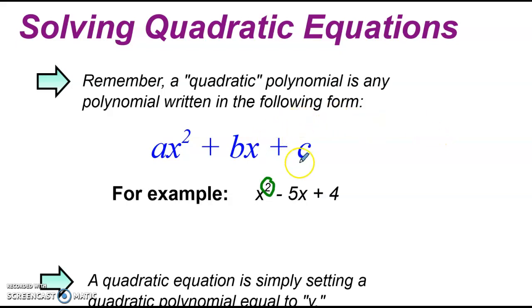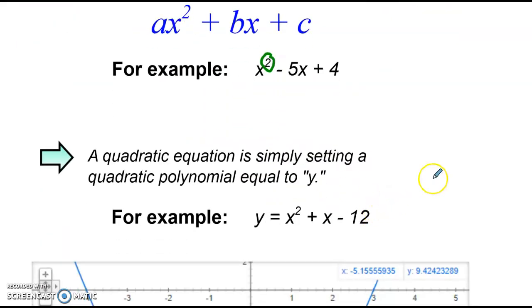Now, a quadratic equation is really just taking this concept and setting it equal to y. Think back to what we did with slope-intercept, when we had y equals mx plus b. That's how you would describe the graph of a line. Every linear graph, or straight line, follows this format, y equals mx plus b.